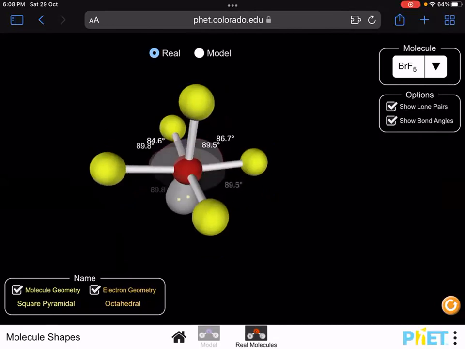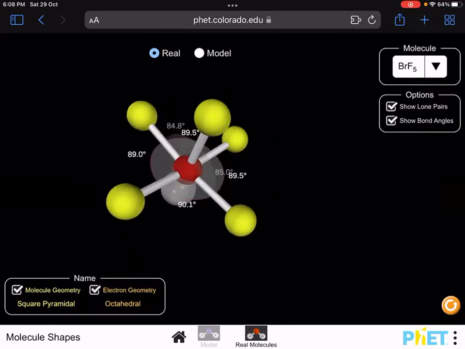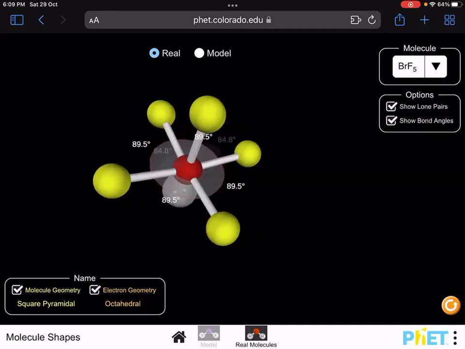When you have 5, okay, 4 will be in the square, 1 will be above, the remaining one will be the lone pair. So it is octahedral geometry, but leaving out your lone pair of electrons, what is the shape? Why is it square pyramidal? You have a square, and if you connect, you will get a pyramid. Am I right? So what is the shape?